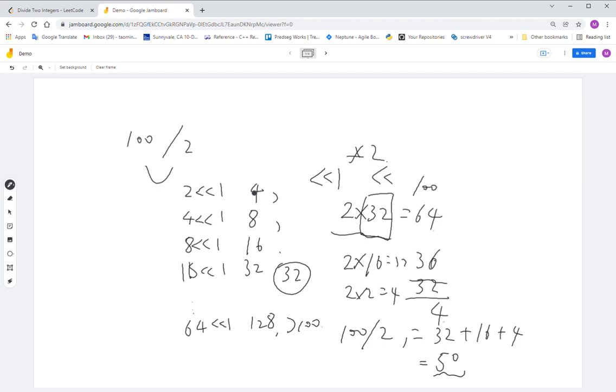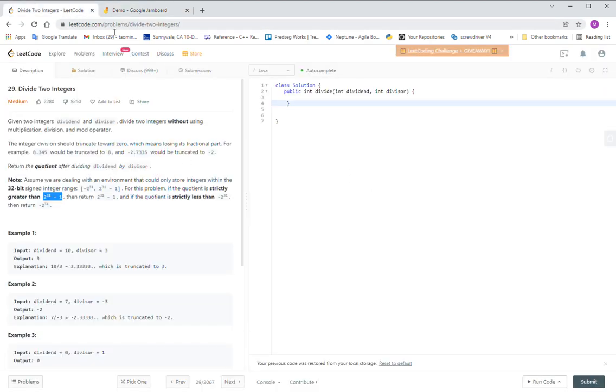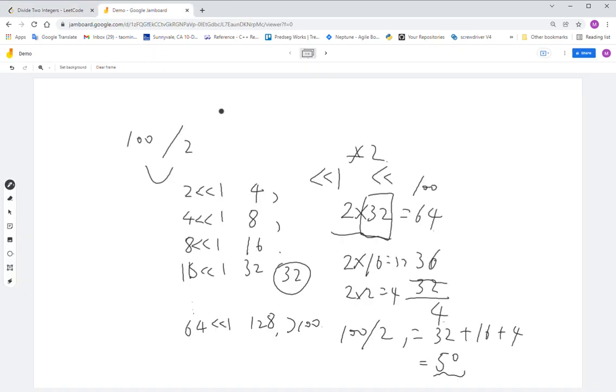Because the dividend and the divisor both is a 32-bit integer, we only need to consider one situation. If they give you the minimum integer value, negative, and then let you divide by -1.